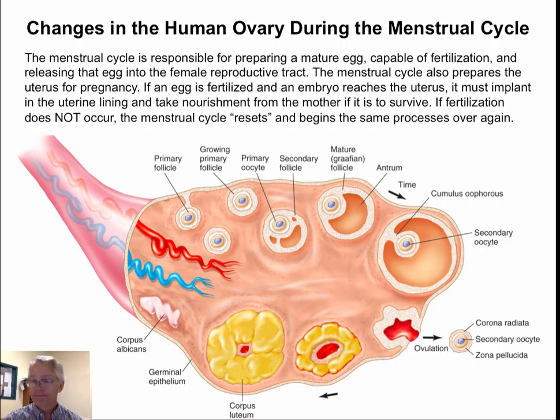That's ovulation. Inside the ovary, what was left of the follicle changes into the corpus luteum. That structure produces hormones, specifically the female sex steroids, estrogen and progesterone. Those two hormones are responsible for stimulating the uterus to prepare for an embryo to implant.